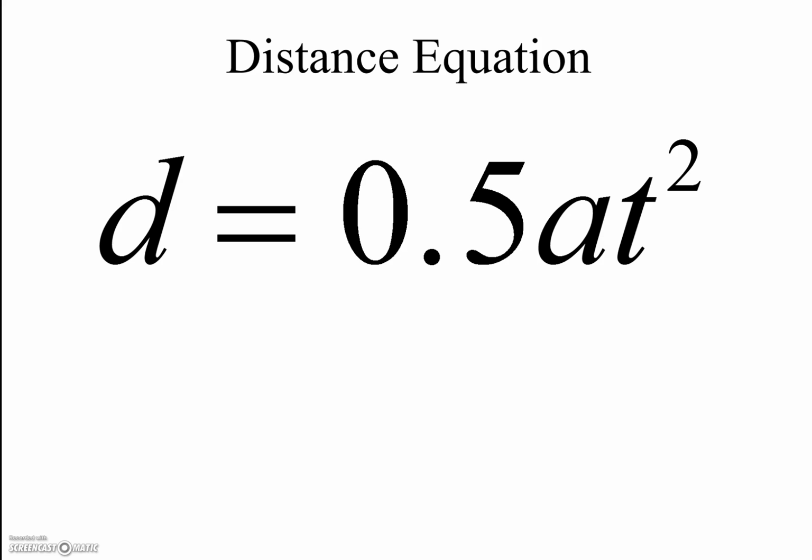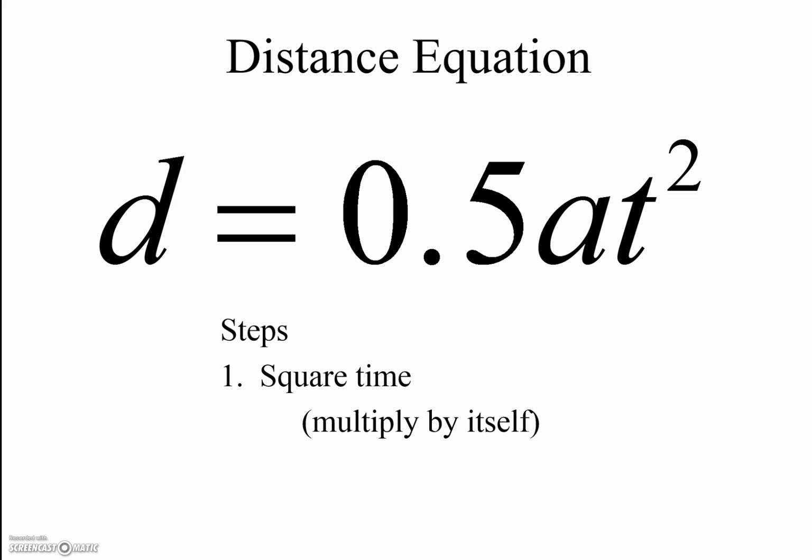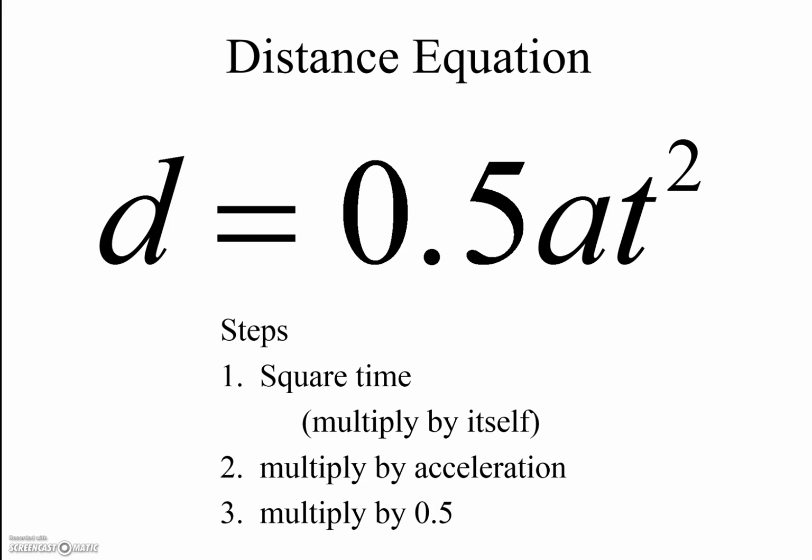Knowing our PEMDAS rules, the first thing we would do is square the time. That means we would multiply it by itself. Our second step, we would multiply that value by its acceleration. And the final step, we would multiply by 0.5.